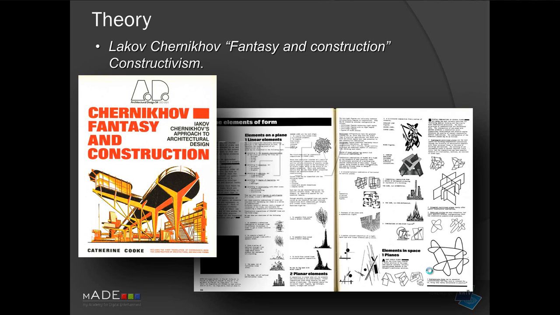What he's talking about is how you can define elements of a plane, for example over here, into linear elements, and he starts describing what all those basic visual elements are and how you can get to more and more complex elements of that. We're also going to talk about how forms and shapes can connect to each other, etc.